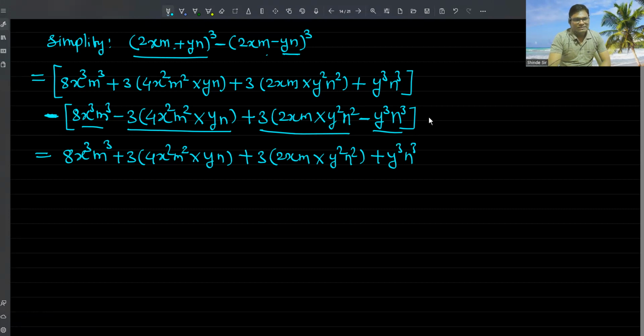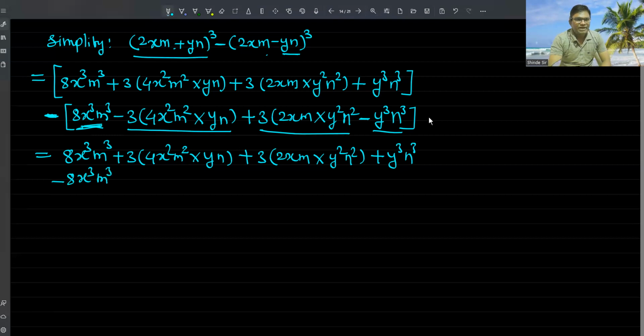Now the result of this process will be we will get the same terms but with the opposite signs. So -1 into first term will give us minus 8x cube m cube.